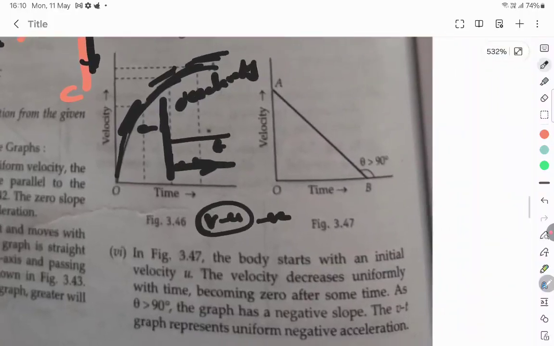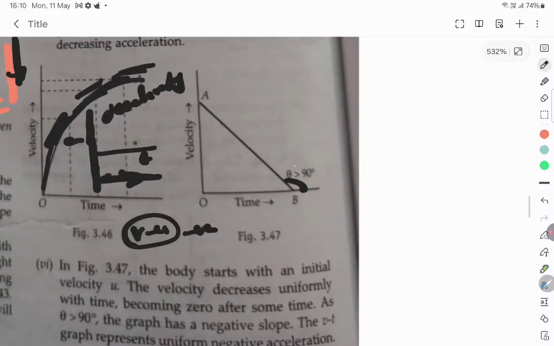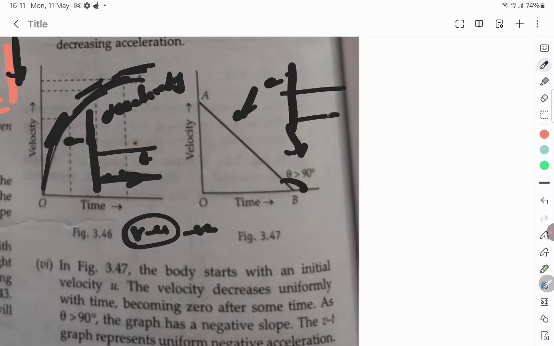Okay, so next is this velocity time graph. Can you see, when you take a slope for this, you get acceleration. The slope itself is greater than 90, tan 120 or something, which is a second quadrant angle, where tan will be negative. So the slope of a velocity time graph will give you acceleration, and acceleration here is also negative.